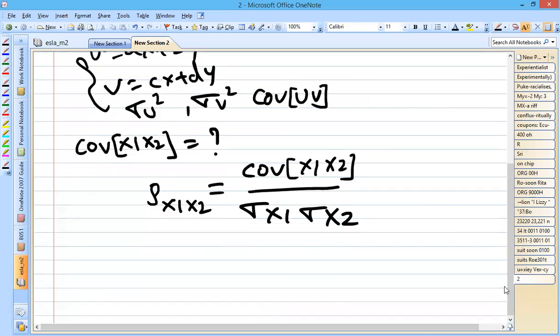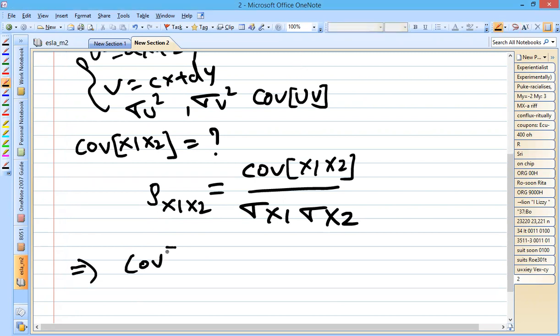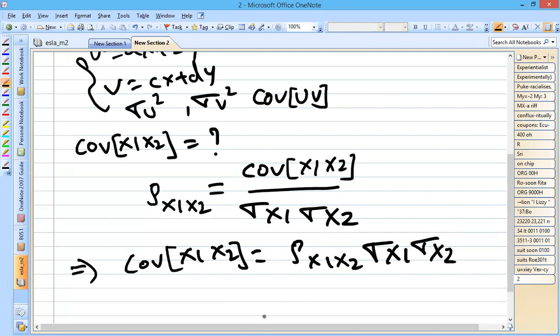Using the same concept, you need to write the correlation coefficient equation in terms of x1 and x2, which implies that covariance of x1, x2 can be written as rho x1, x2 into sigma x1, sigma x2. What is the value of the correlation coefficient? It is given as 0.8. What is sigma x1?